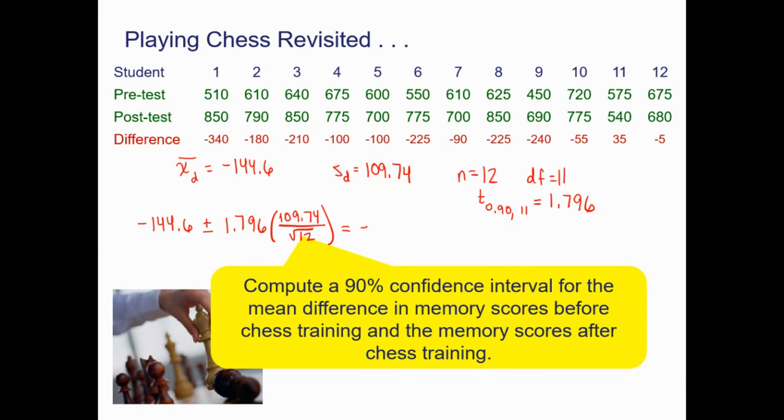That's going to be negative 144.6 plus or minus 56.896, which gives us a confidence interval, let's do 1 decimal place, of negative 201.5 to negative 87.7. There's your 90% confidence interval.